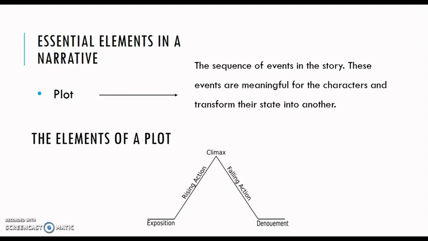Did what they wanted to happen really happen or not? That is the climax and the most interesting part of the story. Then after it, the following actions come, where everything is settled until we can finish the story. And this last part is the denouement, or the end of the story.